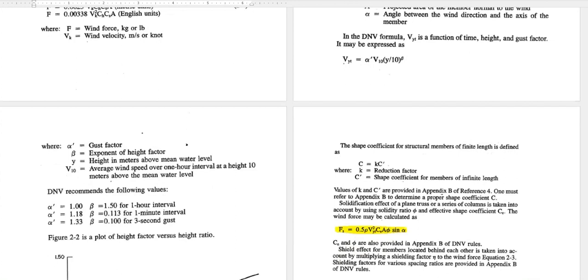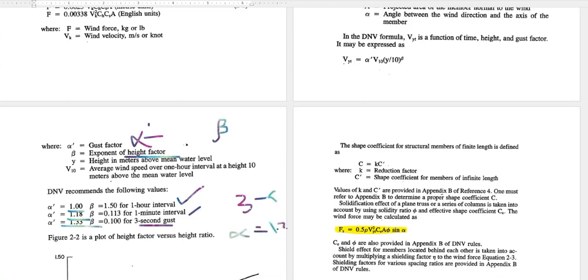Here we can see alpha dash is the gust factor, 1 for a 1 hour interval, and beta is the exponent for the height factor. Alpha is the gust factor. A 1 hour interval means 1.0, 1 minute means 1.18, 3-second gust means 1.33. So for a 3-second gust, alpha is 1.33.